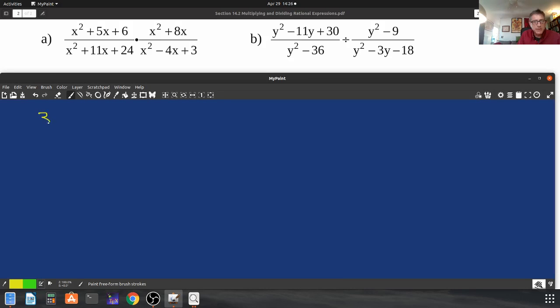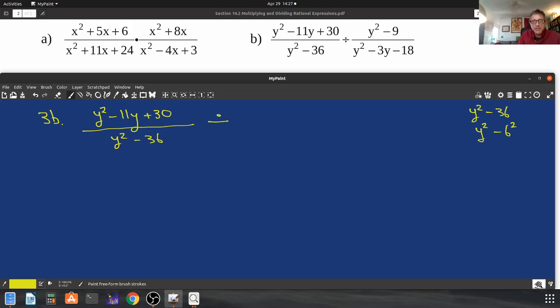So this is 3b. So we have y squared minus 11y plus 30. All of it is over y squared minus 36. Now I hope you're already thinking that y squared minus 36 is the same as y squared minus 6 squared.